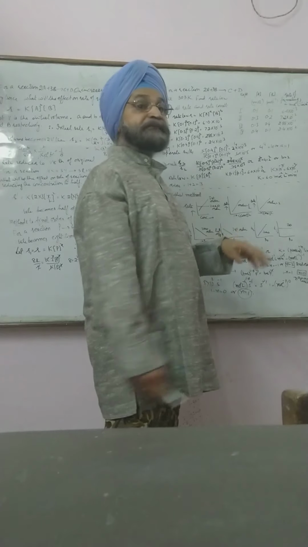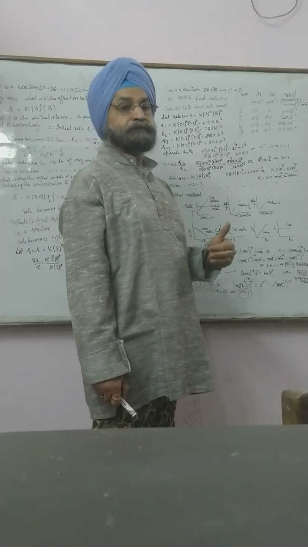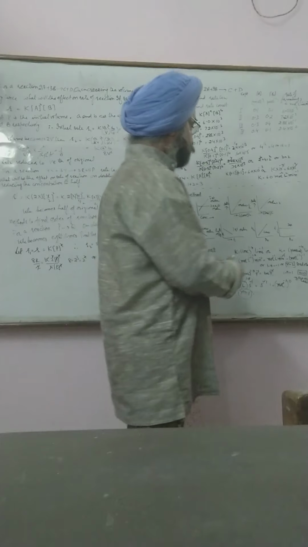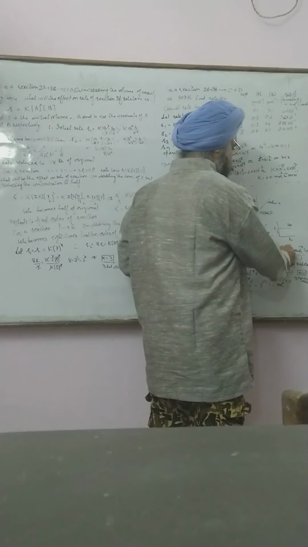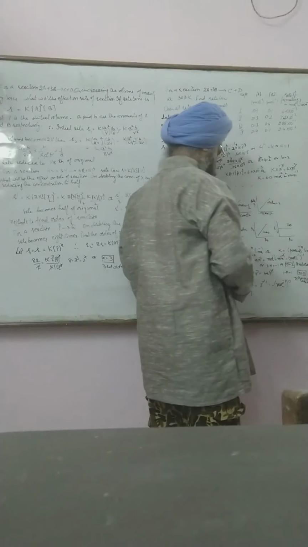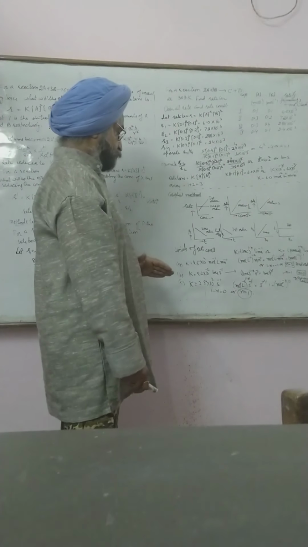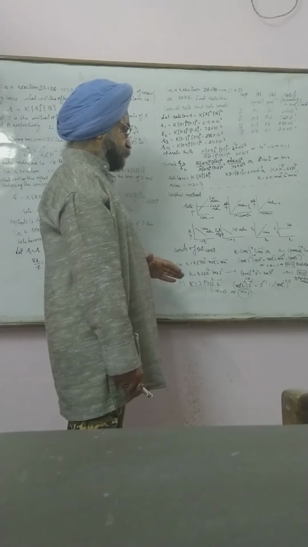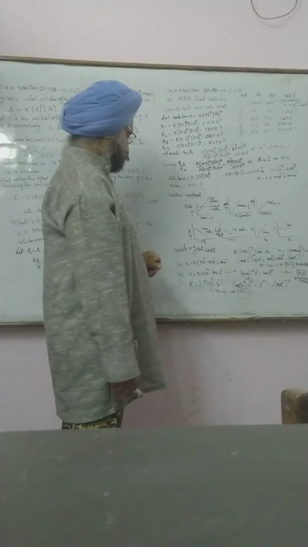But if the observed property is pressure, in millimeter, bar, atmosphere, use K is equal to pressure power 1 minus n per unit time, where n is the order of reaction.